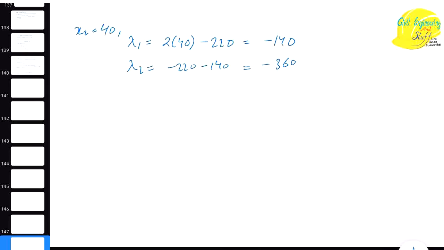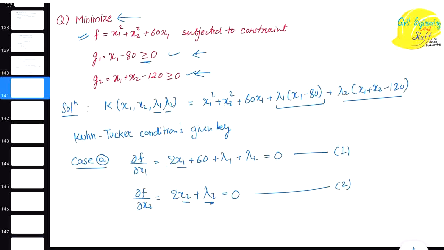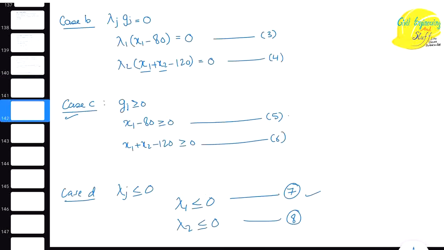So let's check all the parameters. Since the values of lambda 1 and lambda 2 are less than 0, this is satisfied. Our x1 is 80, so 80 minus 80 is equal to 0, so condition number 5 is satisfied. X1 is 80, X2 is 40, and this will be equal to 0, so equation number 6 is also being satisfied.